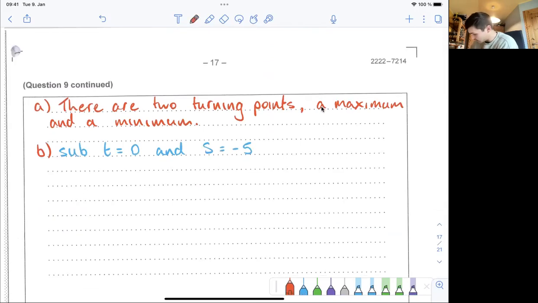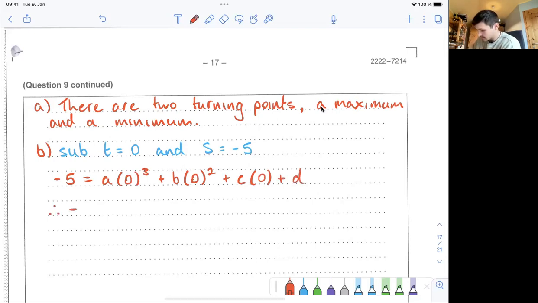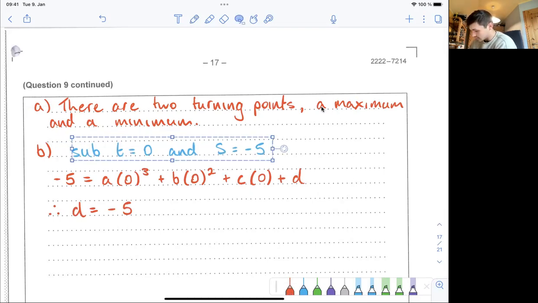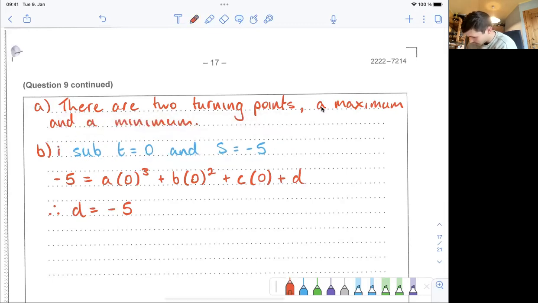We'll say -5 is equal to A multiplied by 0 cubed, which is just 0, plus B times 0 squared, which is also going to be 0, plus C times 0, which is 0, and then plus D. And so therefore we get D is equal to -5. There is the answer to part B1. I should probably bring this over and put part 1 in there.